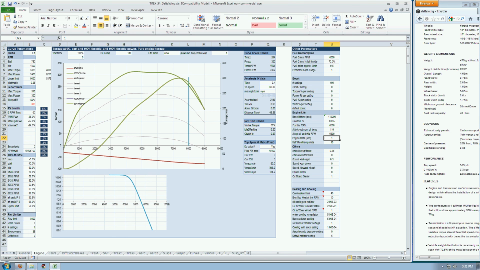Or you may want it to last a bit longer, and you already see that this curve changes. This is the lifetime in hours versus RPM, and you can change this curve quite handily, or shift it that way. It's a very neat way to adjust engine wear.